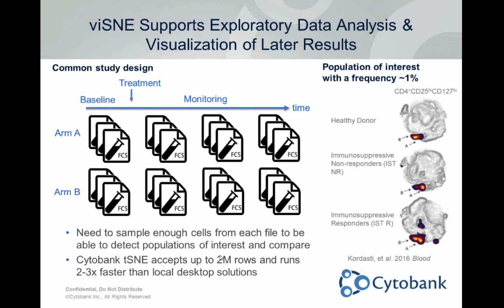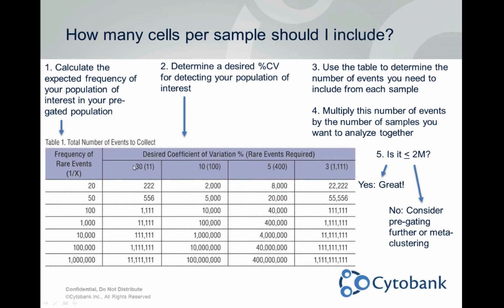Essentially, you want to run a lot of files from your experiment through your ViSNE so you can have enough samples for your Citrus. In order to know how many events you need per file, you can use this helpful chart.